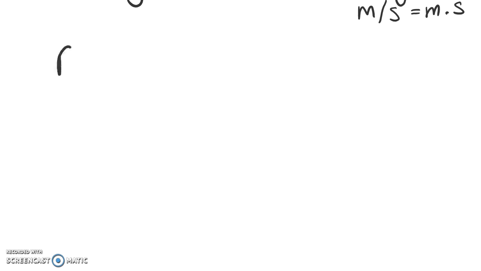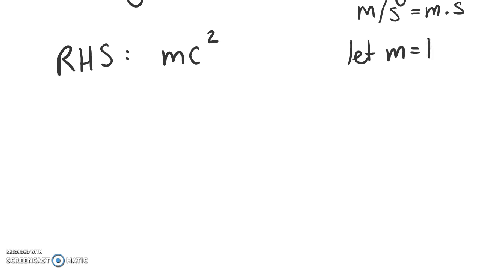A nice way to work with units is to let m equal 1 kilogram and let c equal 1 meter per second. In real life the speed of light is a lot higher than that, but we're just working with the 1 to make our calculations a lot easier.